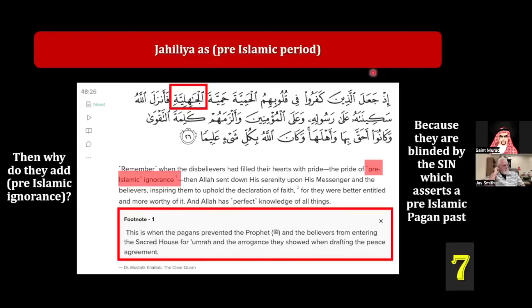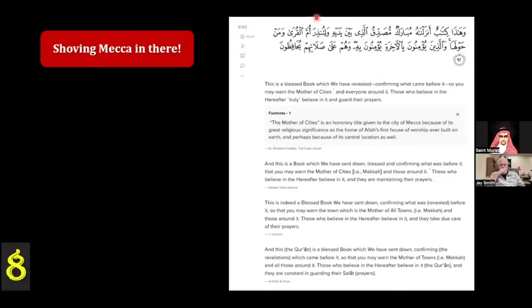Fascinating. So now we will move to another example, and this is an example of shoving Mecca in there. As you can see here in the Arabic text, it is saying وهذا كتاب أنزلناه مباركا مصدق الذي بين يديه ولتنذر القرى. The word in Arabic is al-Qura.